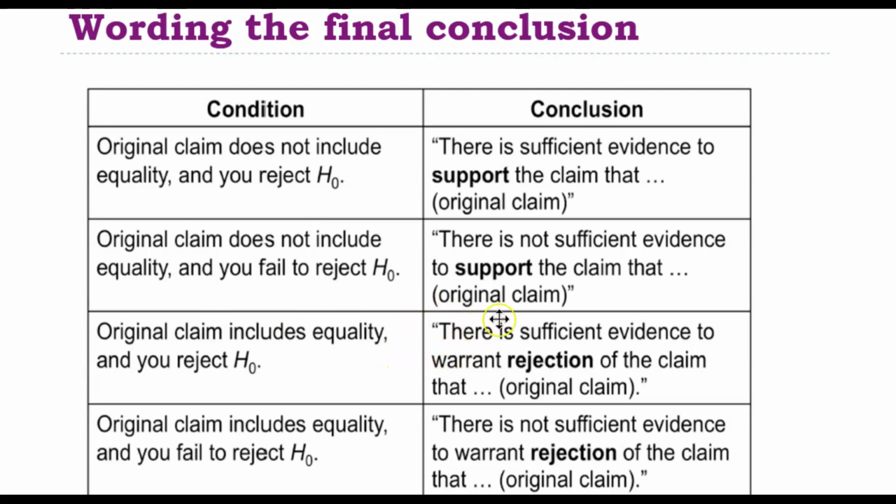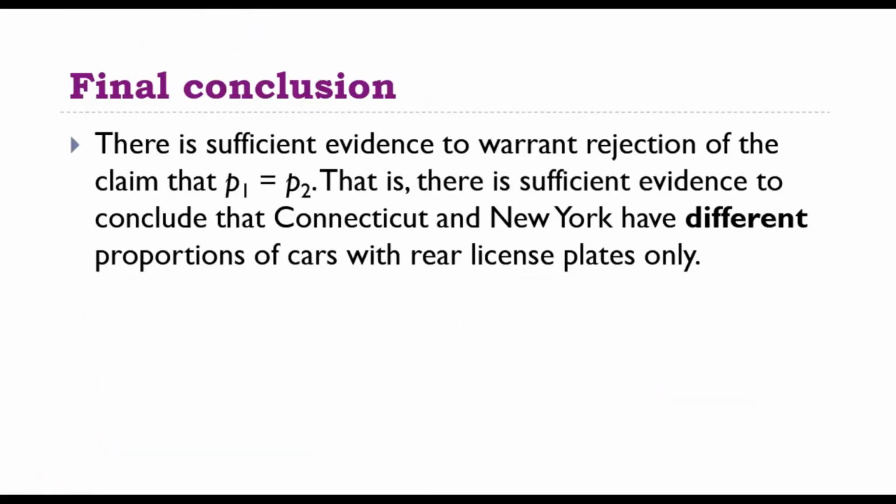Therefore, we can say there is sufficient evidence to warrant rejection of the claim. And our conclusion is that there is sufficient evidence to warrant rejection of the claim that P1 is equal to P2. That means there is sufficient evidence to conclude that Connecticut and New York have different proportions of cars with rare license plates only.